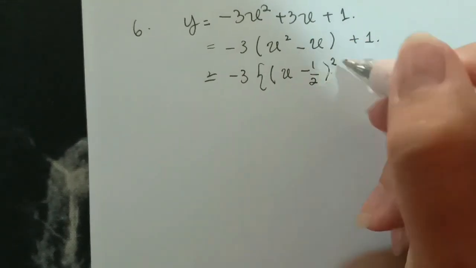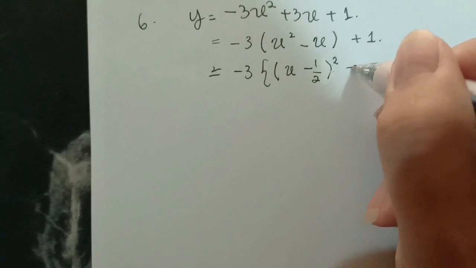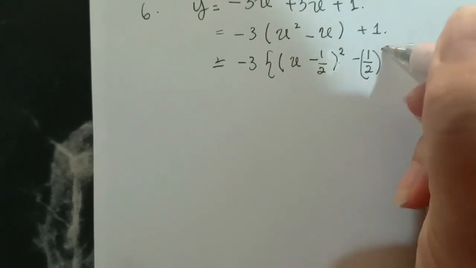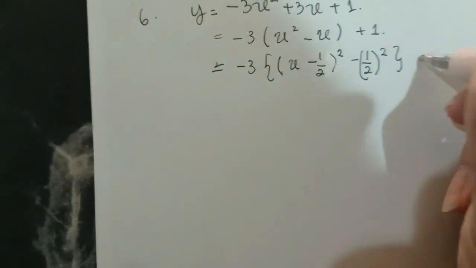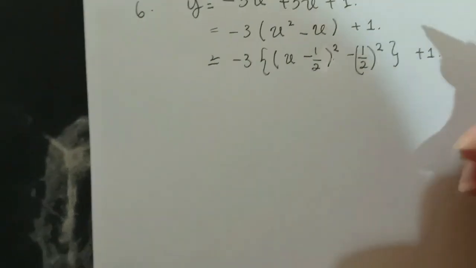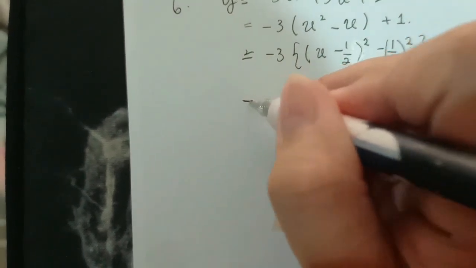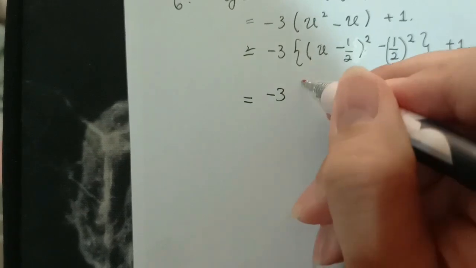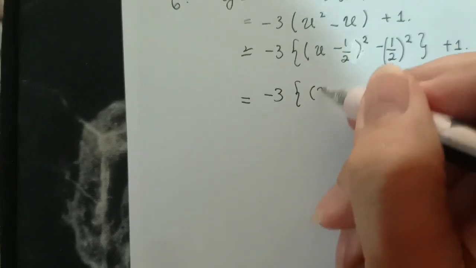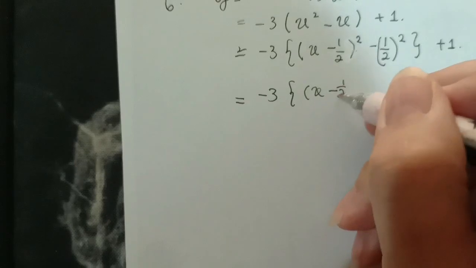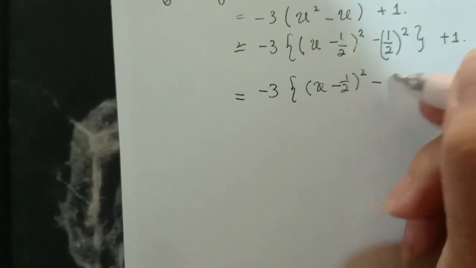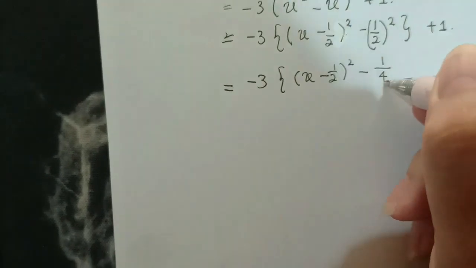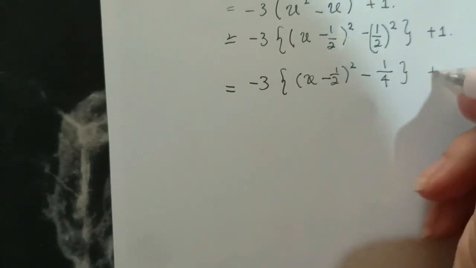Then don't forget we have to minus this number, 1 per 2 quadrat, in the bracket plus 1. Now we are going to count this one first. Minus 3 in the bracket, x minus half quadrat, minus 1 per 4, in the bracket plus 1.